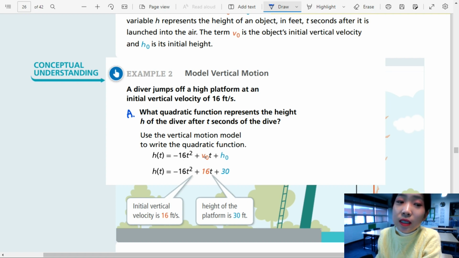So this takes into account the force of gravity, and so your height in the real world will follow this curve, okay? So your initial velocity is 16, so plug in 16 for the v sub 0, and plug in the height 30 into h sub 0, okay?